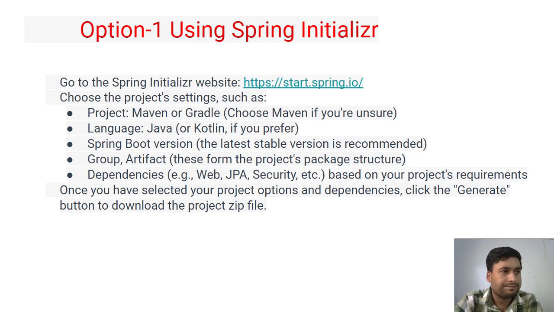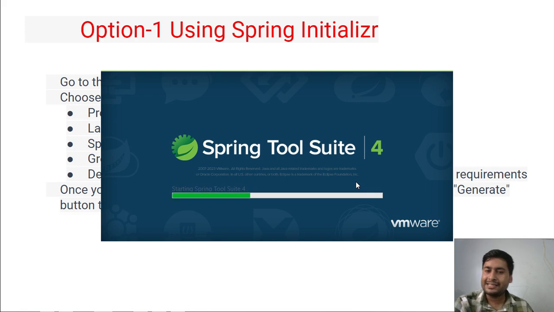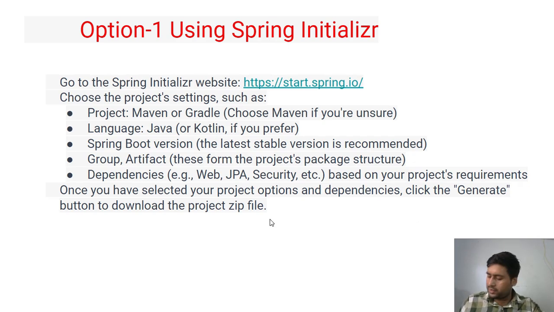That is the workspace which I have given. Once it starts, we can start importing our Spring Boot project. As of now, let's go and see. These are the steps we have already done, and now we can import those projects in our Eclipse.